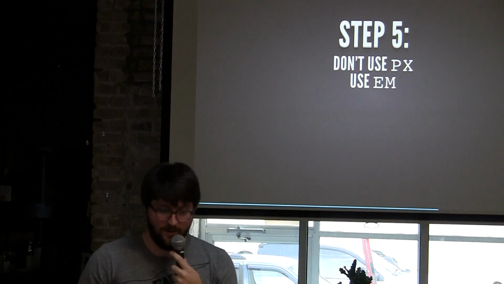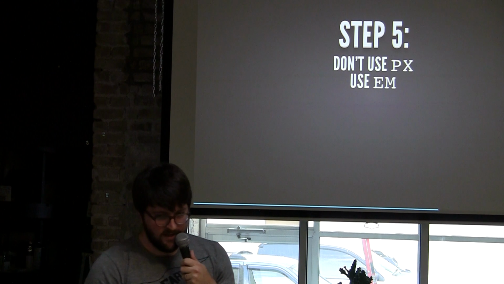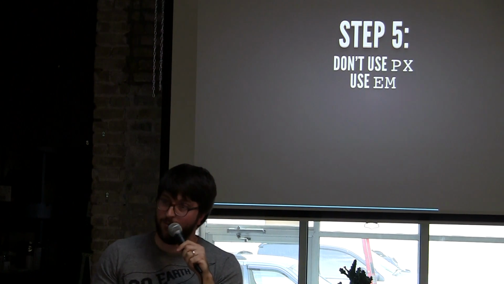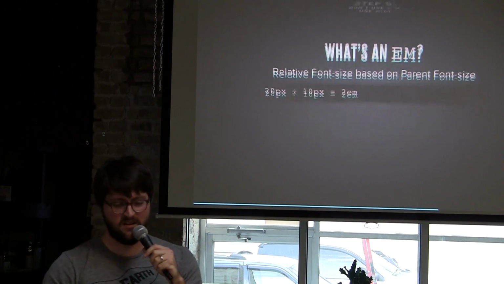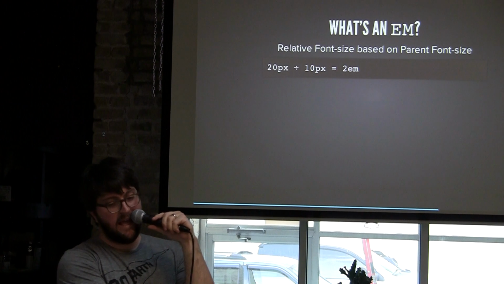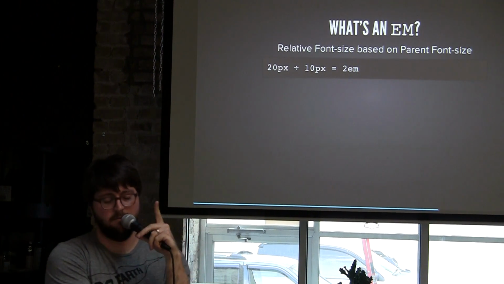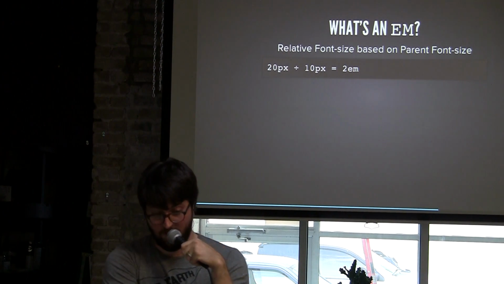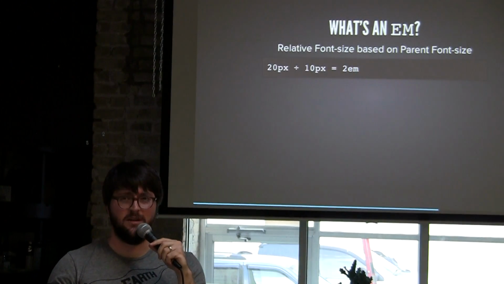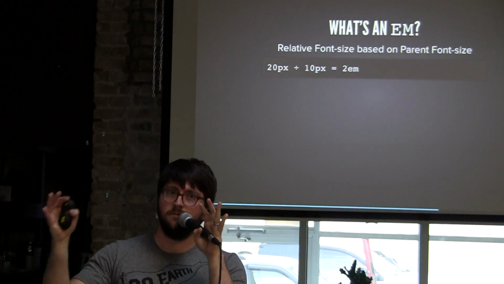All right, so step 5 is do not use pixels. What? Use Ems. And I'm sure you're all wondering, what's an Em, Uncle Dave? Let me tell you. An Em is a relative font size, a unit based on the parent unit.